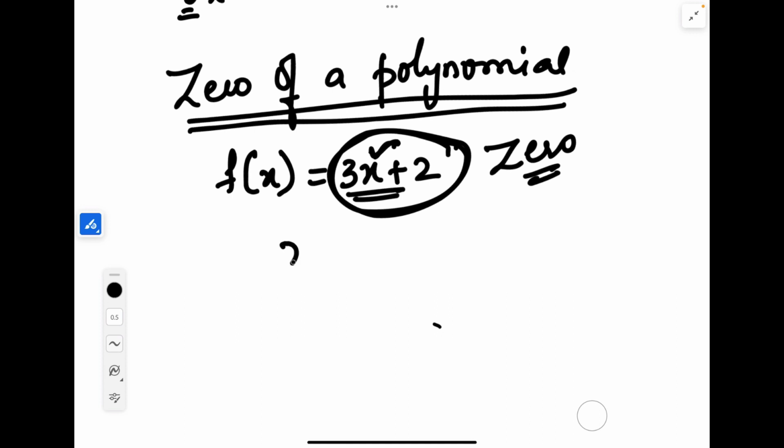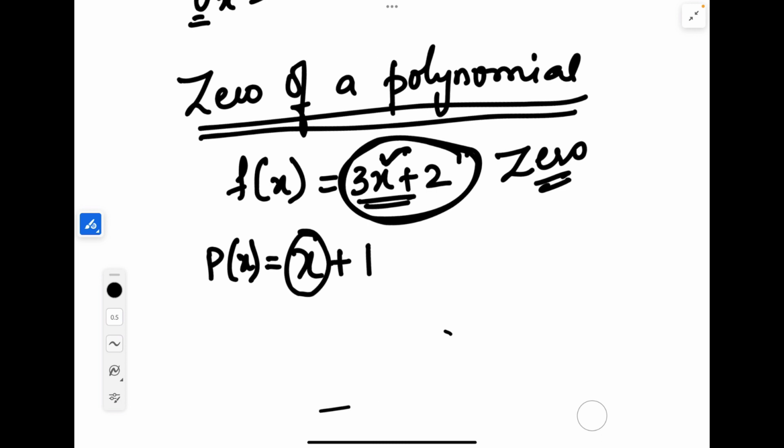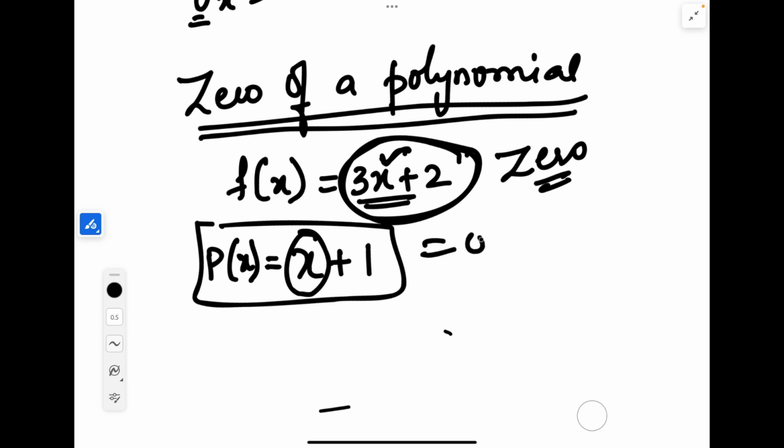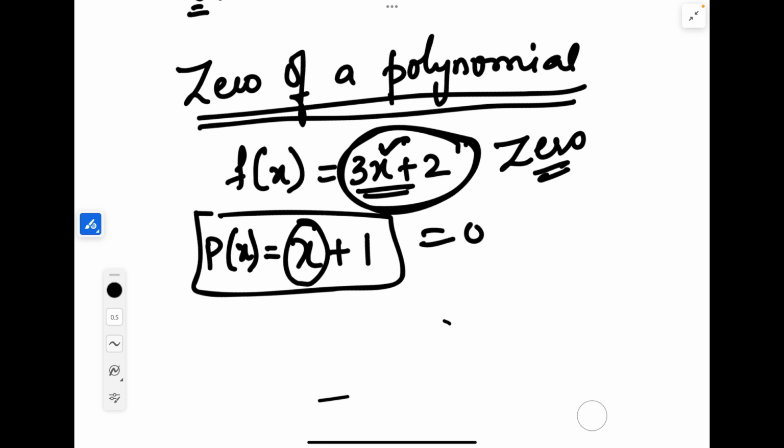Say a simple example, x plus 1. This is a polynomial. Okay, this is a polynomial. So what value of x makes this complete polynomial equal to 0? Tell me. Yes, minus 1 if you put in place of x, then minus 1 plus 1 will be 0, right?